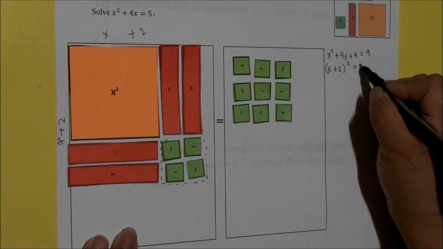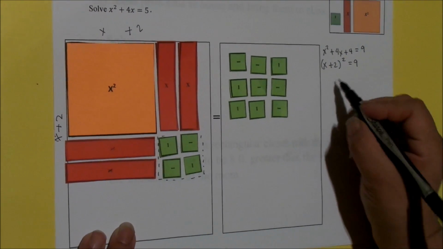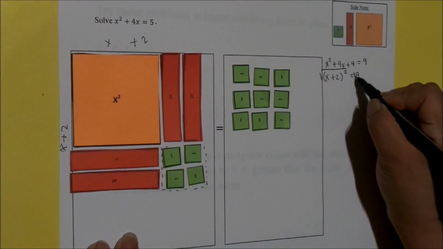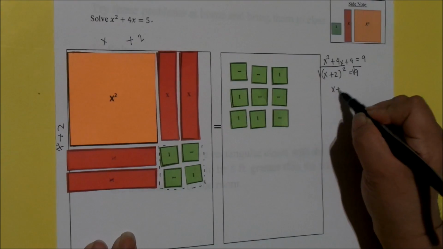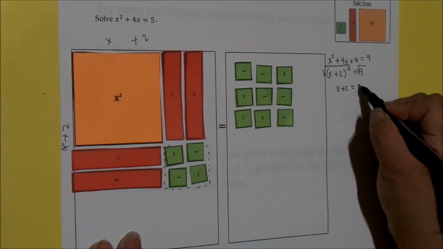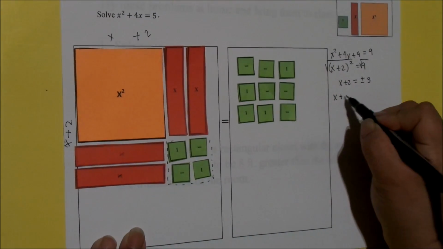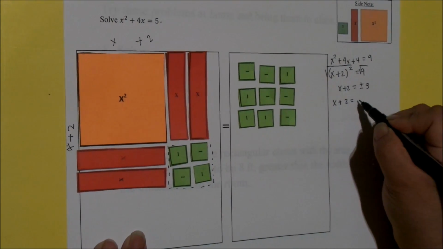Let's bring down that 9. We're going to square root both sides to solve for x. So we have x plus 2 equals plus or minus 3. Now we're just solving for x.